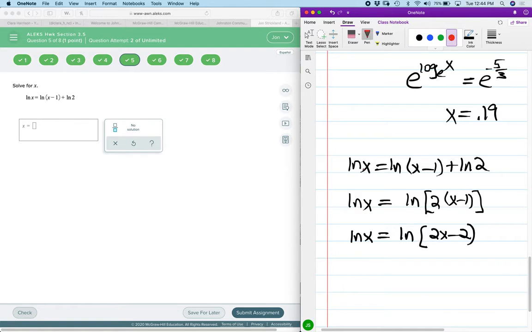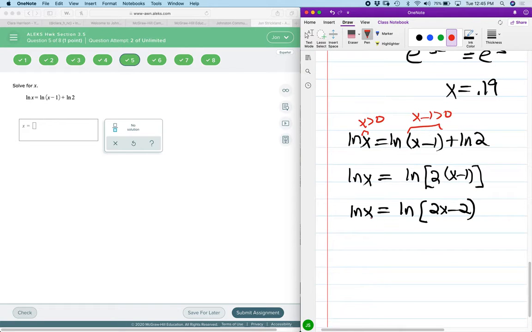Let me mention for the attachments, I want x to be positive, and I want x minus 1 to also be positive. Now, we have the same logarithmic base on both sides and individual terms, so we can set the attachments equal to each other.